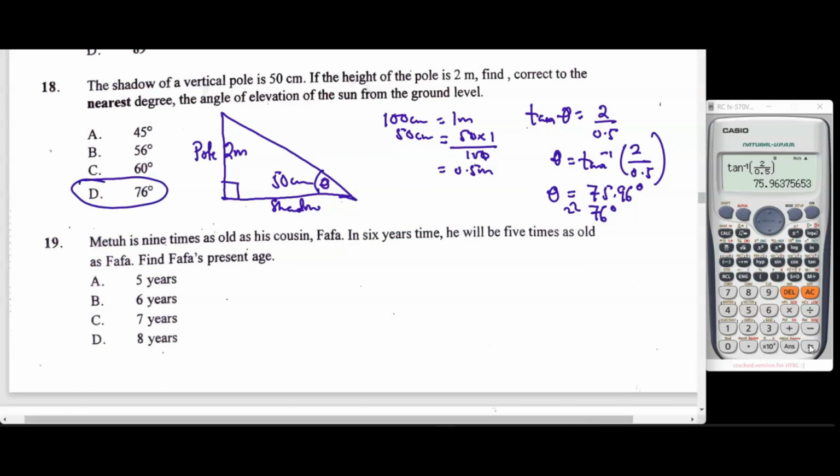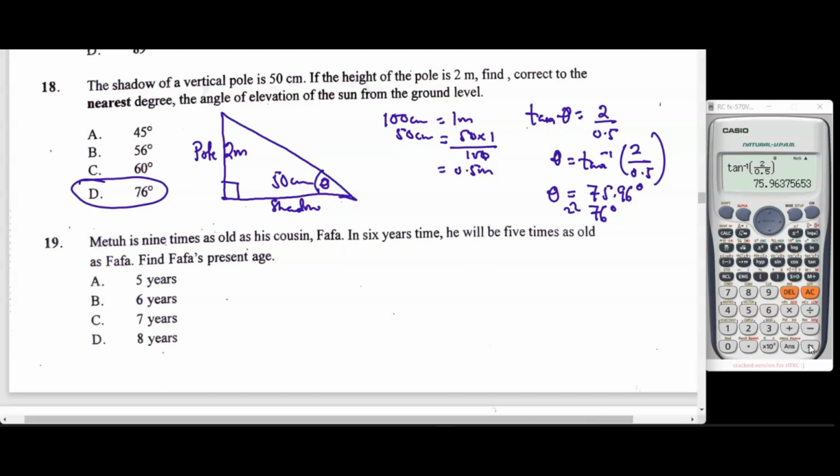Going forward, Mitu is 9 times as old as his cousin Fafa. In 6 years' time, he will be 5 times as old as Fafa. Find Fafa's present age.